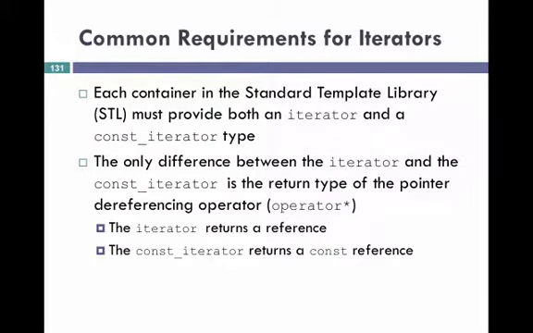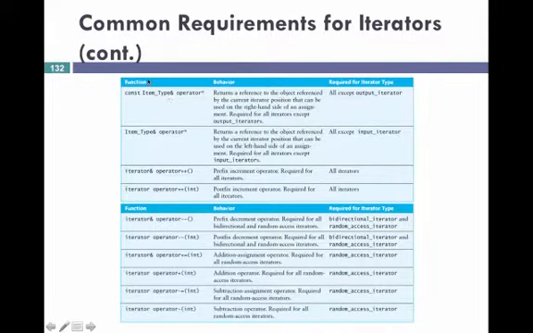Every container in the standard template library has to provide an iterator and a const iterator type. And the only difference between these is the return type of the pointer dereferencing operator, operator star. So an iterator returns a reference, and a const iterator returns a const reference. And you can see that here, for instance, in the dereferencing operator returning a const reference and just returning a reference.